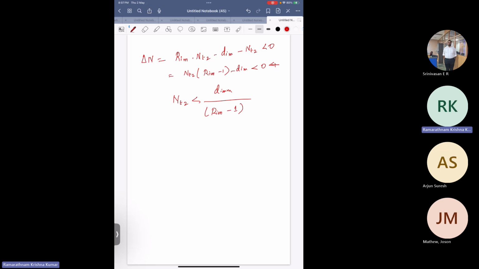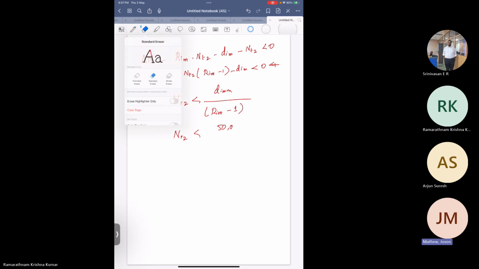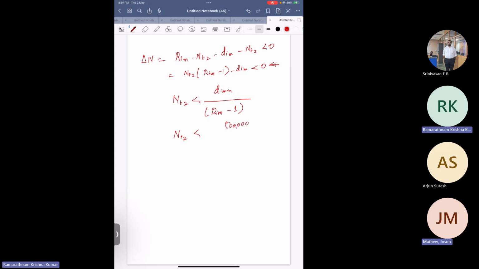Now tell me what this is. R immune should be greater than 1. N(T2) less than D immune, 500,000, divided by 1.5 minus 1.